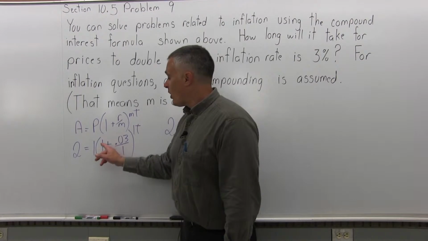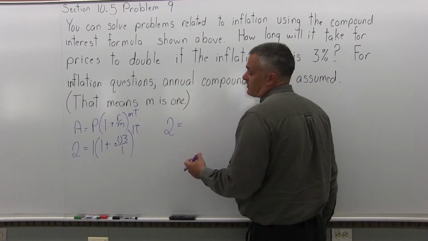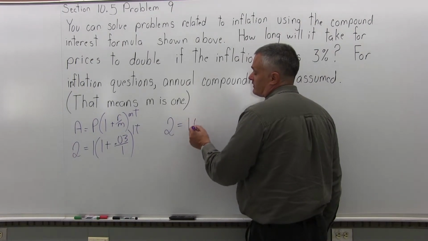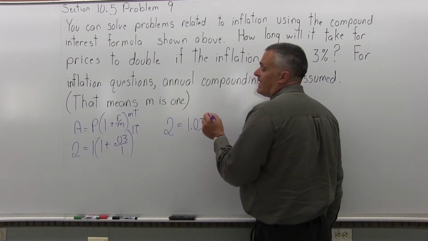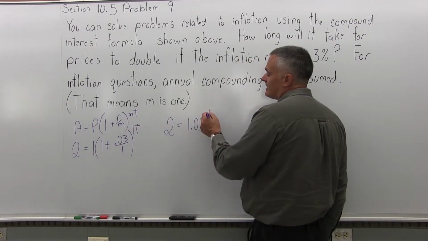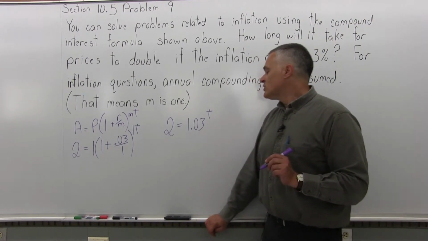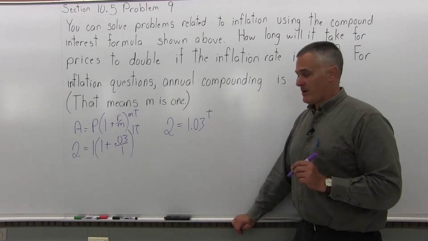And I'm going to add 1 to it. There's a plus 1 in front of it. So 1.03. And now the exponent, 1 times t, I don't really need the 1 times either. I can just call it t. So I have the equation 2 equals 1.03 to the t power.